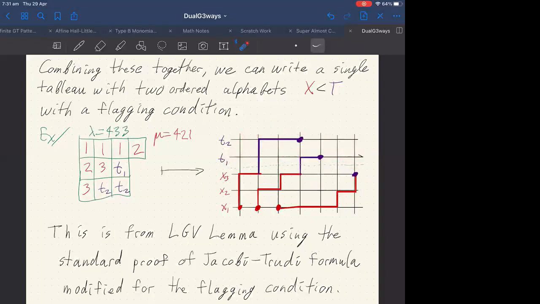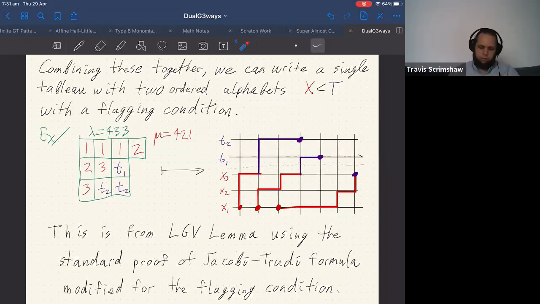So where does the determinant come from? From the Lindström-Gessel-Viennot lemma. Aha.